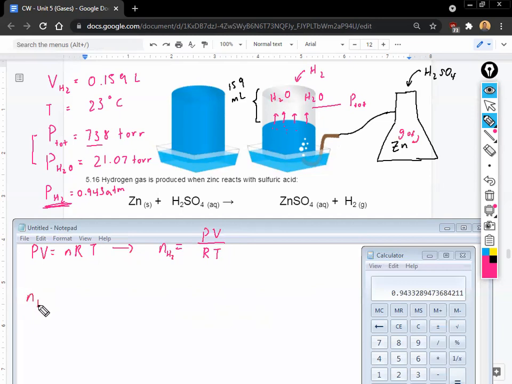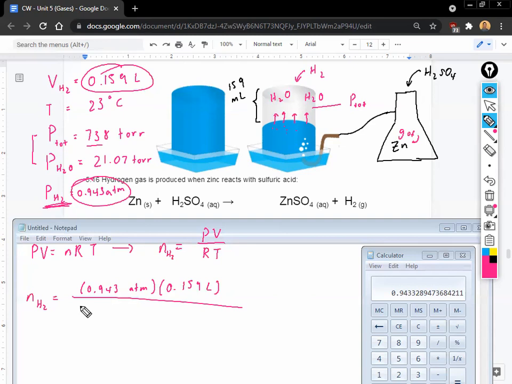All right, so if we're solving for n of H2, the moles of H2, let's plug in the pressure of H2, which is 0.943 atm. The volume of H2, this is the amount you collected over the water, which is 0.159 liters. Oh, my voice cracked. And then you have 0.0821, and that's your value of R. If you guys used the value of R for torr, that's fine too.